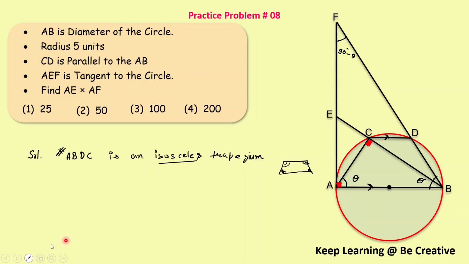I have already marked the two angles in the bigger triangle. Now this angle comes out to be 90 degrees minus theta. And if this is 90 minus theta and this angle is 90 degrees, this angle comes out to be theta. So now I have two triangles in which I have the values theta and 90 minus theta.